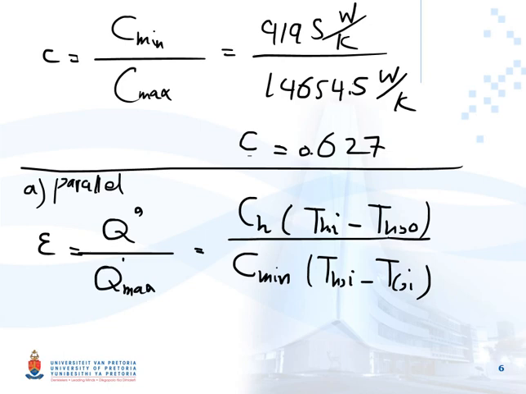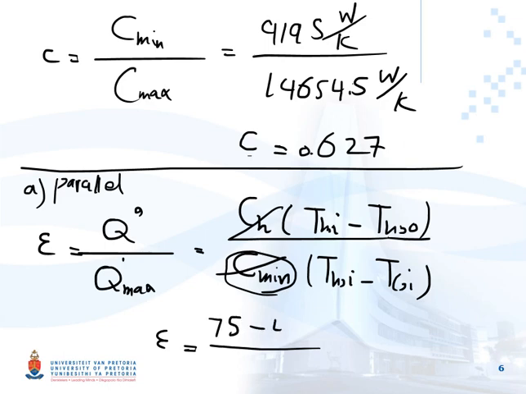We just talked about this correlation before, so it's not an extraordinary thing, and at the same time we know that the heat capacity rate of the hot fluid is the same as the minimum heat capacity rate. So basically epsilon will be equal to 75 minus 45 divided by 75 minus 15, which makes it 0.5.